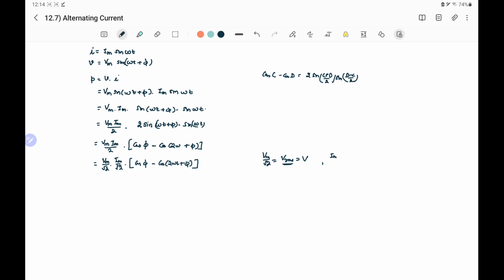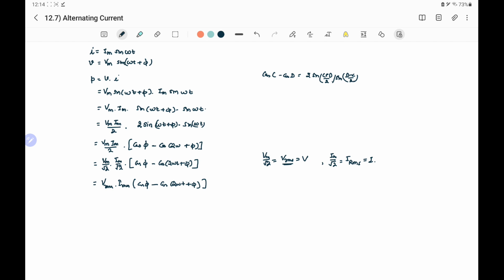Similarly, Im, the peak value, divided by root 2 gives the RMS value of the current, and that can be simply written as capital I. So we write it as Vrms into Irms into cos phi minus cos of 2 omega t plus phi.